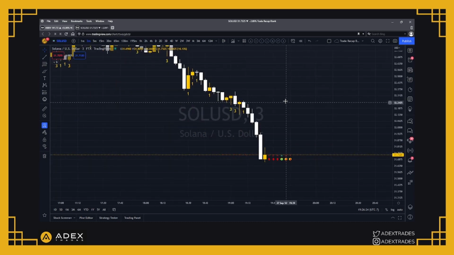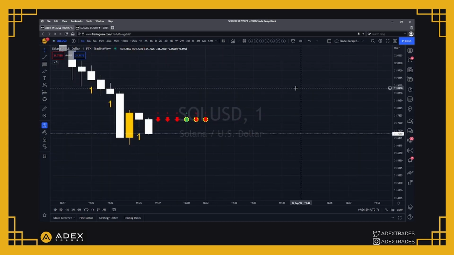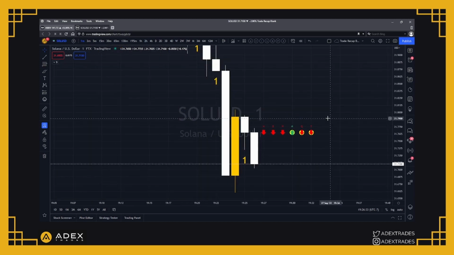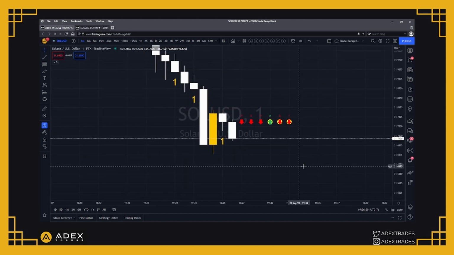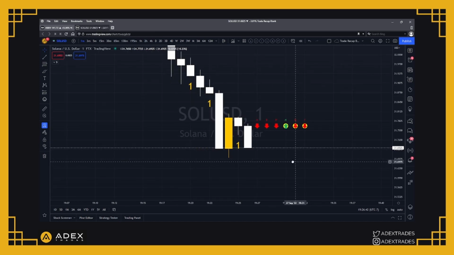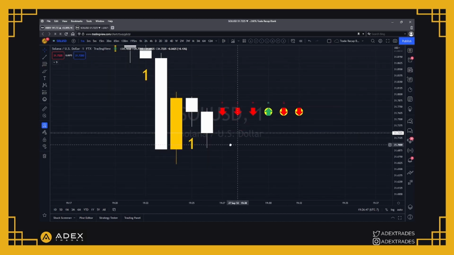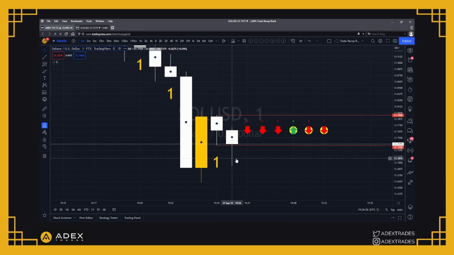What's moving fast right now? Okay, SOL USD right now is performing an inside bar breakout. You see that inside bar, and then you draw your high and your low, right?